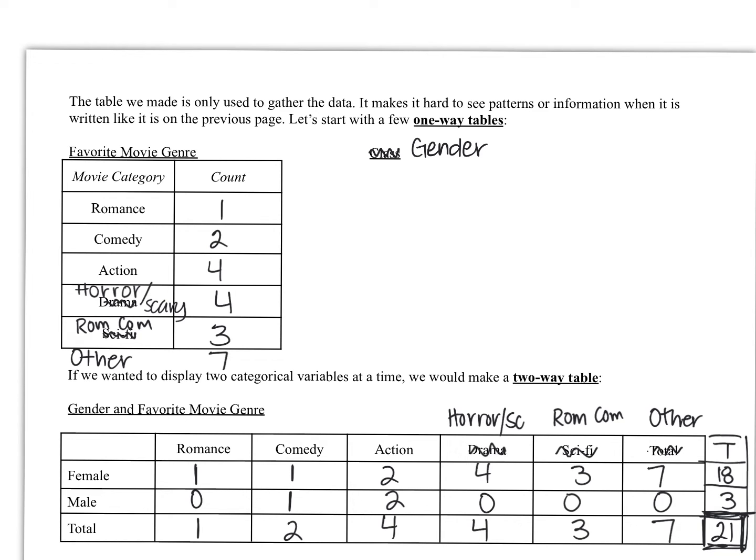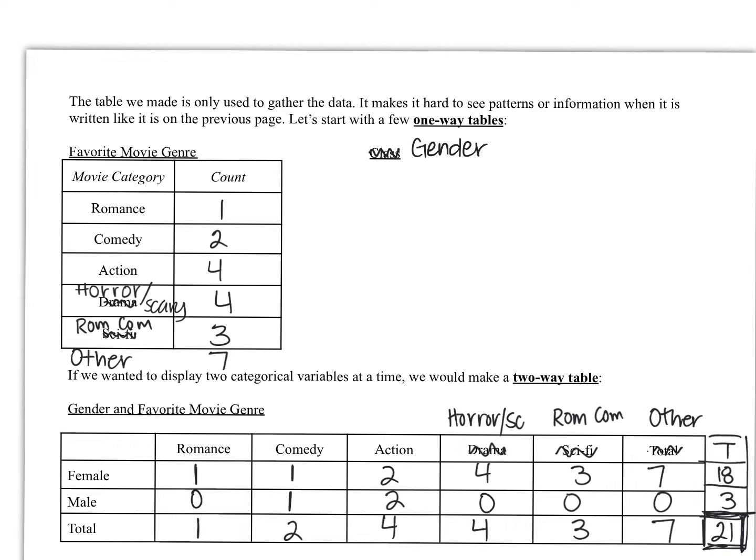But I can't really tell what the favorite movie genre is, which one is the least favorite, that sort of thing. So what we can then do is write tables broken down by specifically movie genre, and then we're also going to take a look at how we can break it down based on gender.